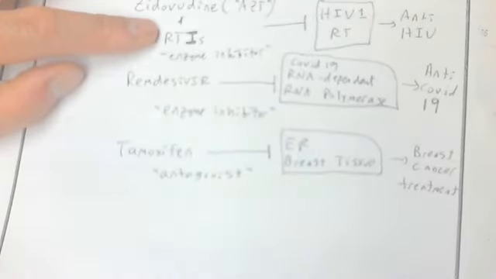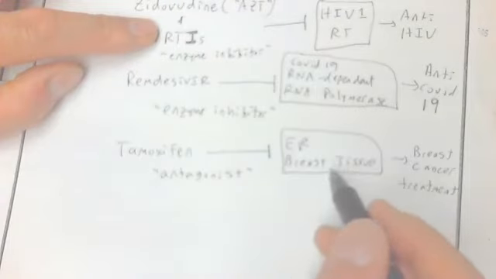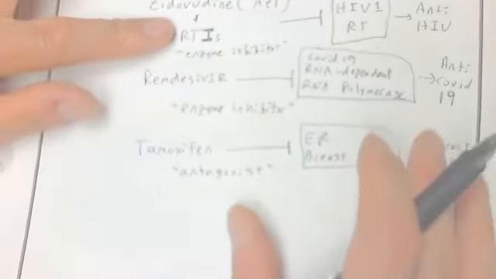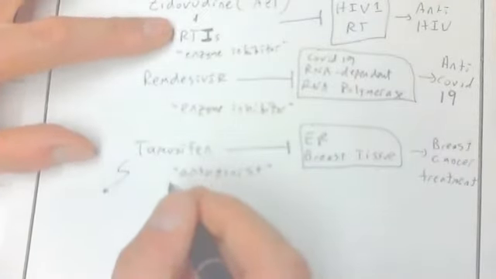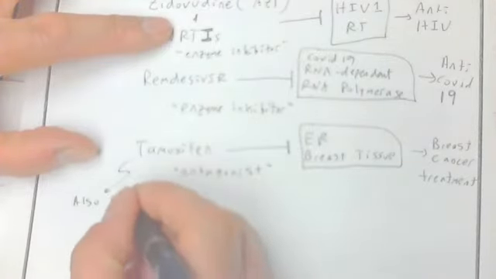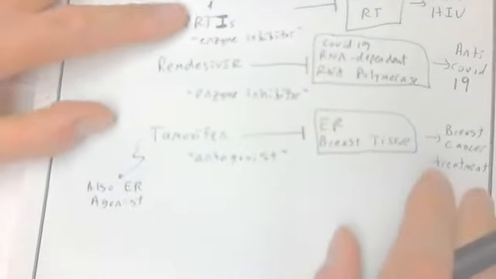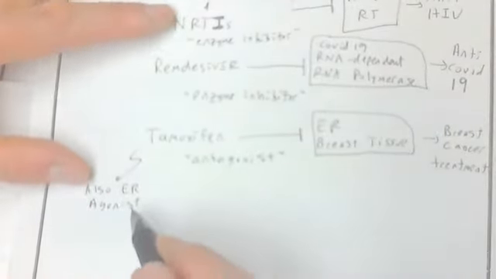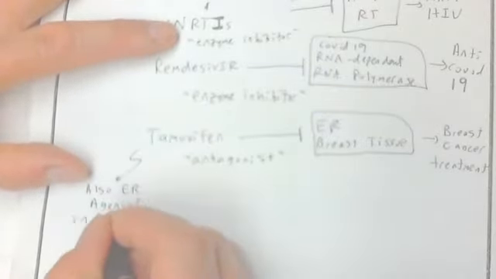Basically the net effect is that it inhibits cancer cell growth in breast tissue. But the funny thing about tamoxifen is it is also an agonist. In other tissues, it's also an estrogen receptor agonist, which is kind of weird and interesting. It is an ER agonist in certain tissues, including bone tissue.